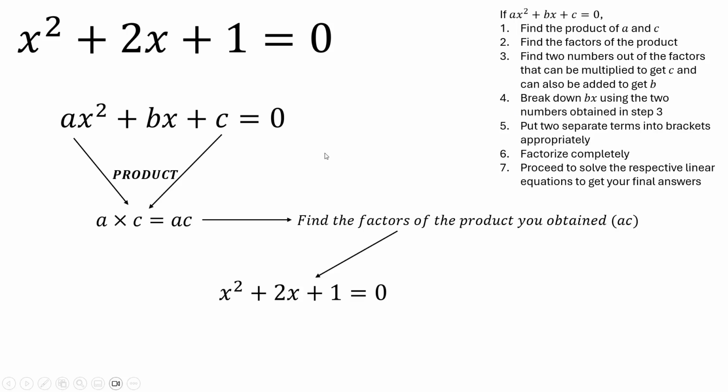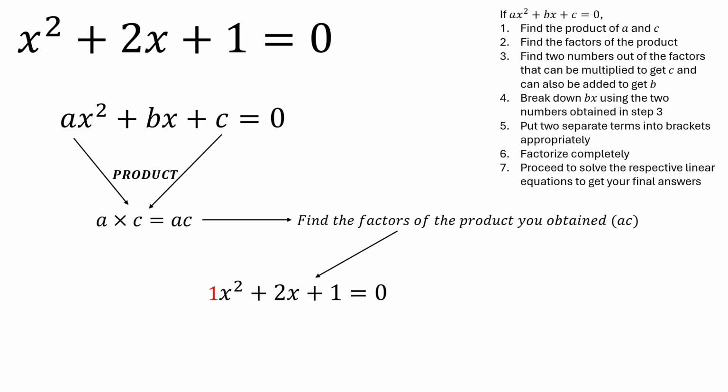the coefficient of x squared over here is actually 1, just that in mathematics we don't write 1x squared. If you have 1x squared, it's the same thing as x squared, right? The same thing applies to other variables as well. So if you have a, it's the same thing as 1a.